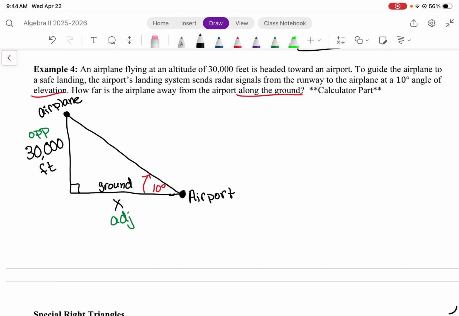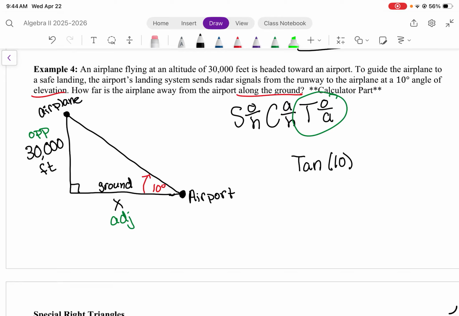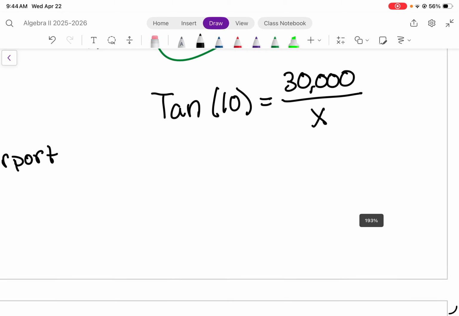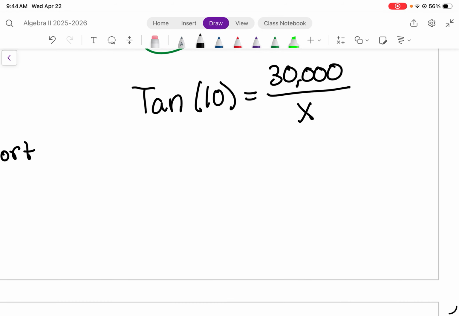So if we have opposite and adjacent, if we look at SOHCAHTOA, opposite and adjacent is tangent. And when we set that up, it would be tangent of 10 degrees equals our opposite side, 30,000, over X. Okay, now for this one, X is not on the top of our fraction.